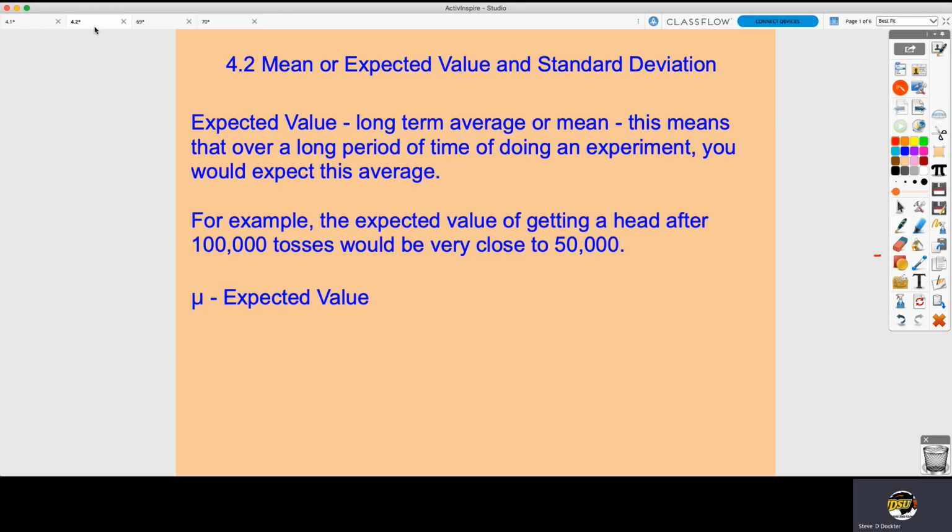Right, so as it says up there, the expected value is very, very similar to the mean.